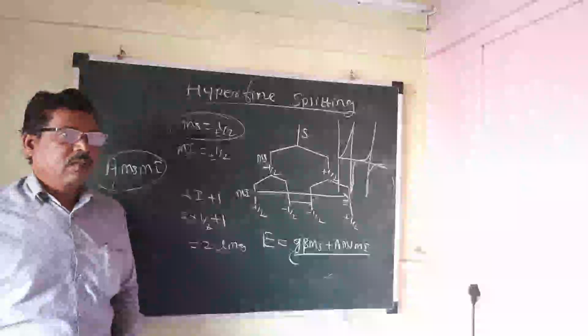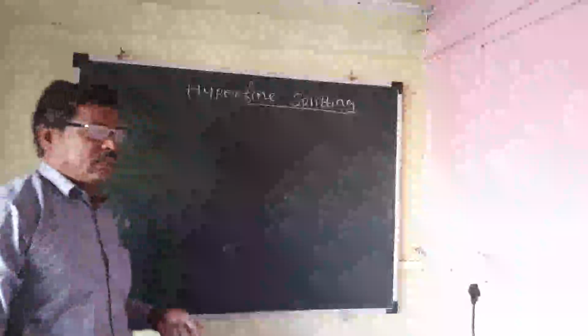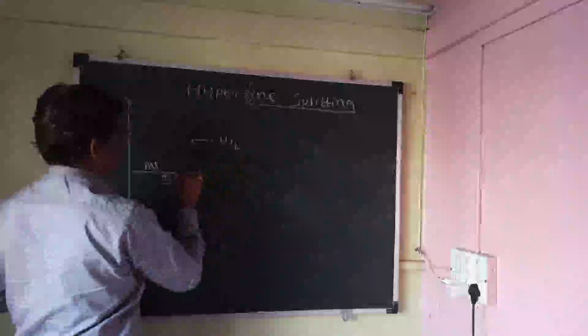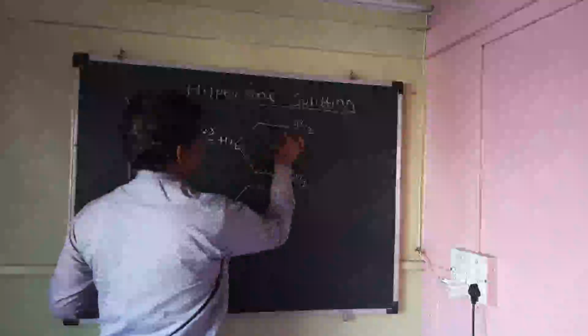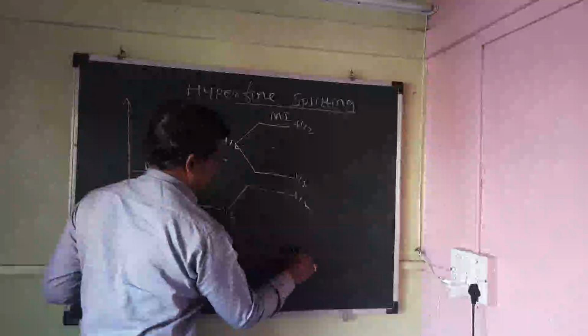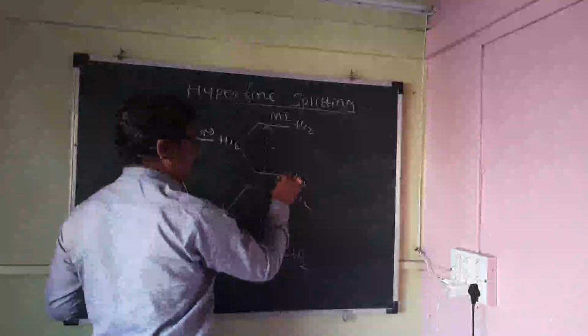In general, the Ms values are plus 1/2 and minus 1/2, and for the 2 lines, the Mi values are minus 1/2 and plus 1/2. Here is one transition, and the second transition takes place here.